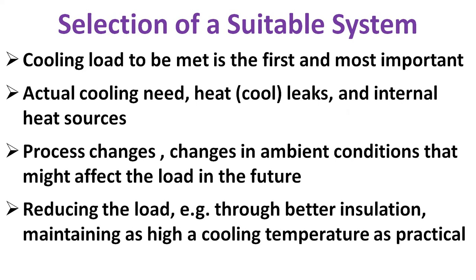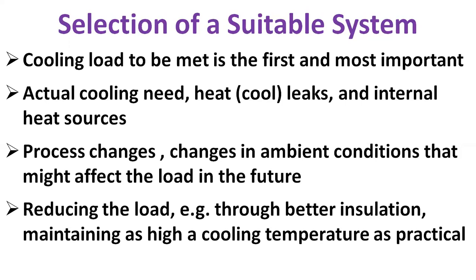Consideration should also be given to process changes and/or changes in ambient conditions that might affect the load in the future. Reducing the load, like through better insulation, and maintaining the cooling temperature as high as practical, is the first step towards minimizing the electrical power required to meet refrigeration needs.